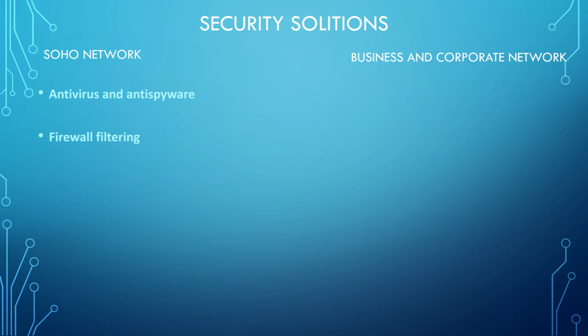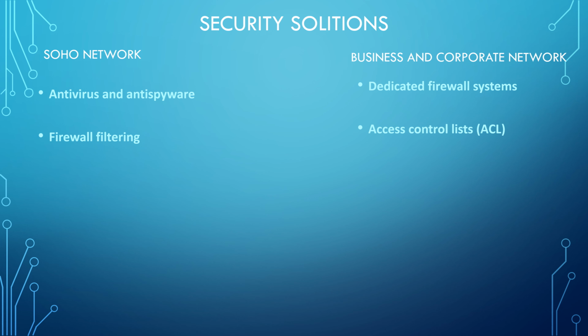Larger and corporate networks use the same as SOHO: antivirus, anti-spyware, and firewall filtering, but they also have other security requirements such as a dedicated firewall system. With this, you can provide advanced firewall capabilities that can filter large amounts of traffic with more granularity.